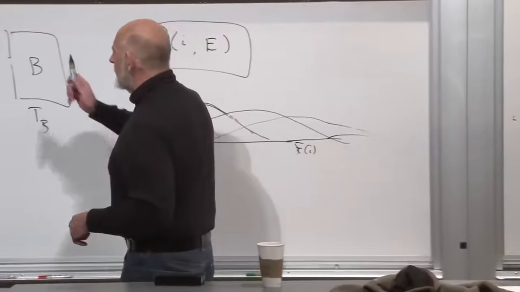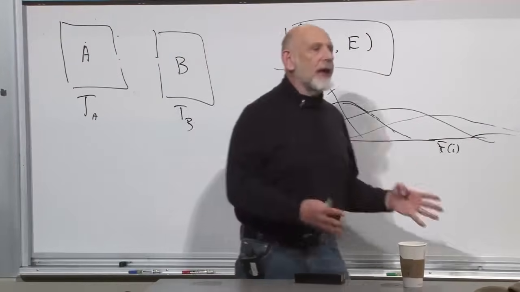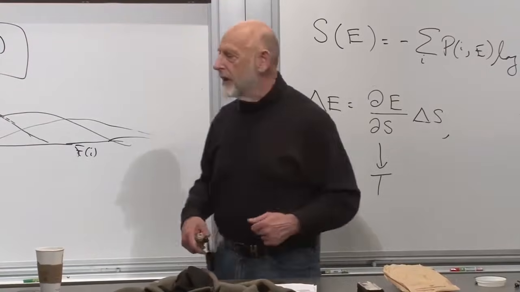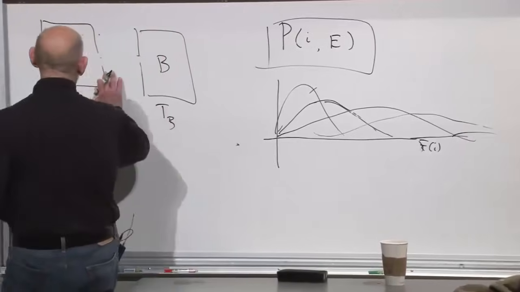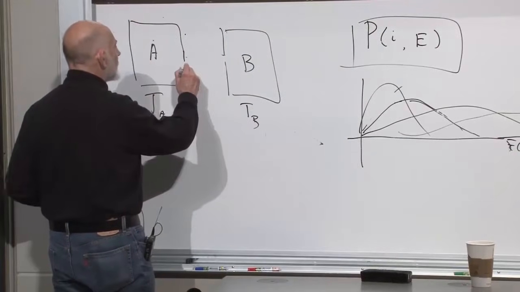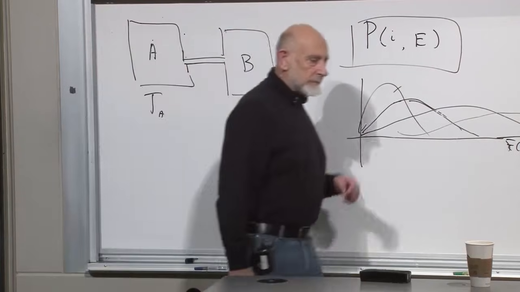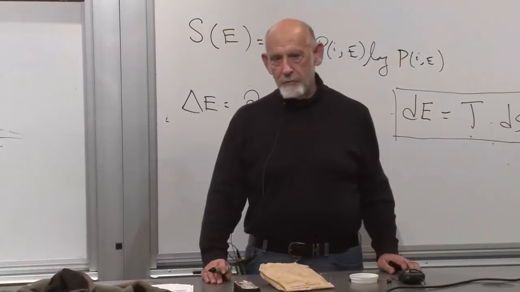But each one of these boxes has been prepared with a given temperature by whatever it takes to make them have whatever temperature they have. Now connect them, and connecting them simply means allowing them to interact with each other and exchange energy back and forth. Which way does the energy flow?